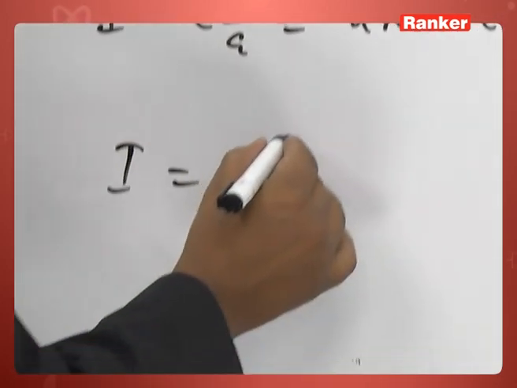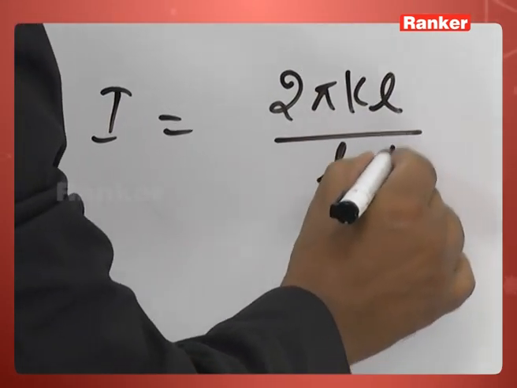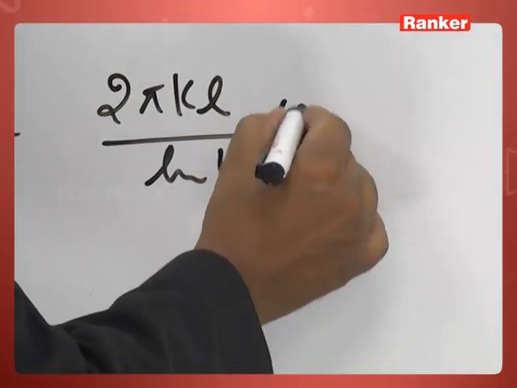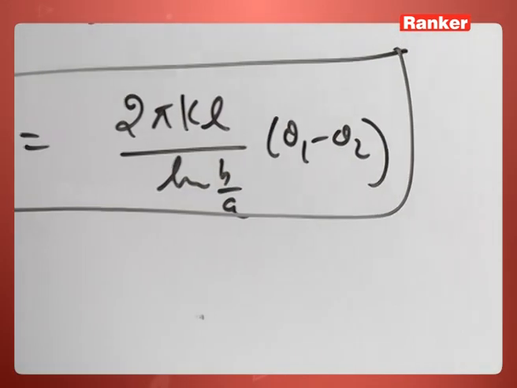So, I is equal to 2 pi k L by ln B by A times theta 1 minus theta 2. This is the heat current.